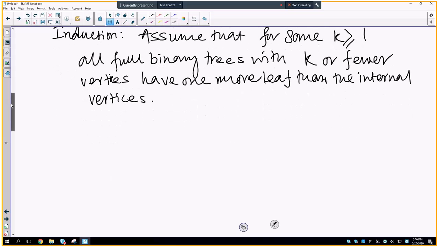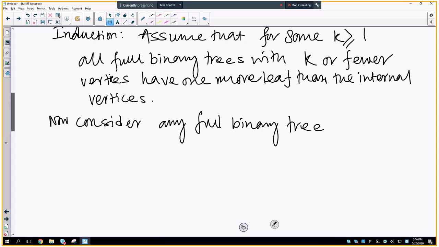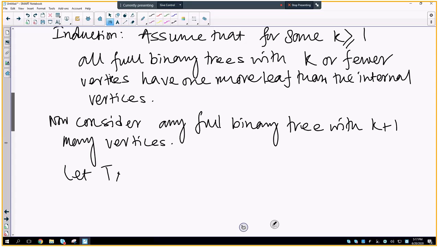Remember, our next step is to show that it is true for k plus 1. So now consider any full binary tree with k plus 1 many vertices, and let TA and TB be the left and right subtrees, because it's a full binary tree.